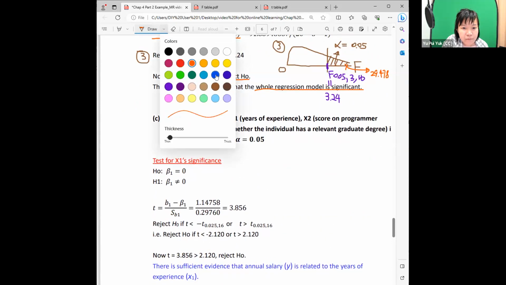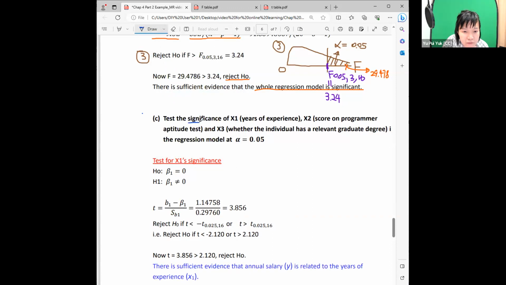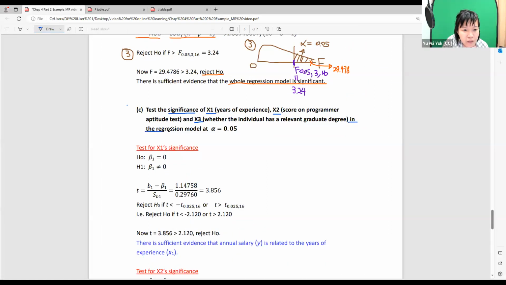Now is to test the significance of x1, x2, and x3 individually, or separately, whether they are significant in the regression model or not, at alpha equal to 0.05.